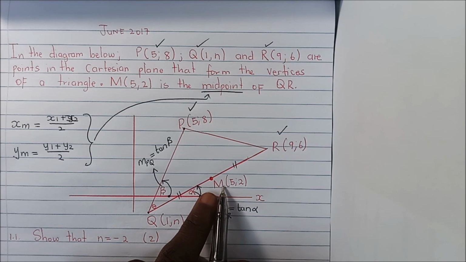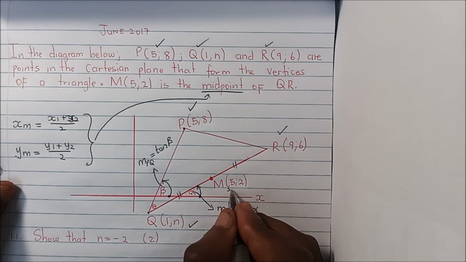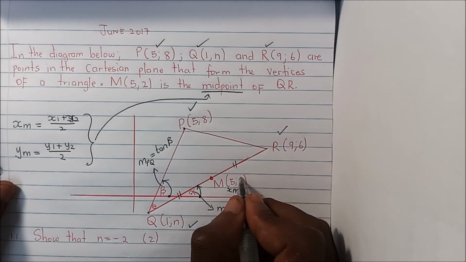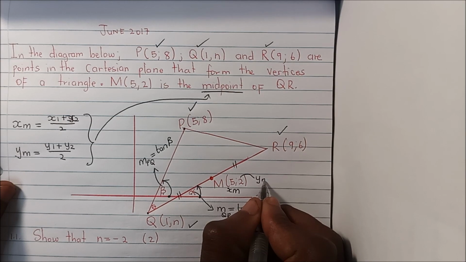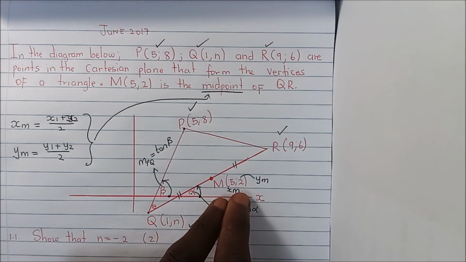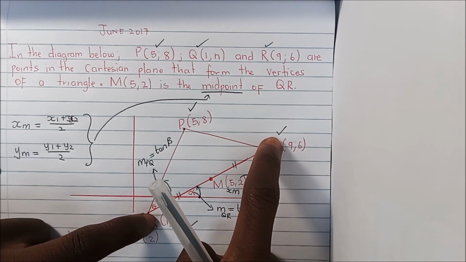They gave us the midpoint. So what is 5? That is our xm. And what is 2? That is our ym. If 5 is xm and 2 is ym, then x1 and x2 have to be the surrounding points.